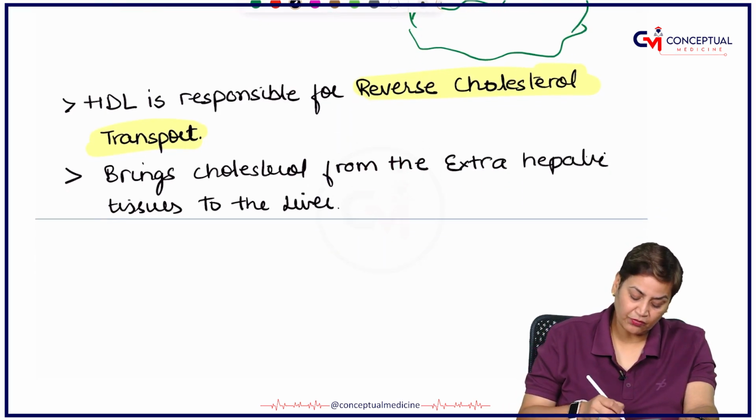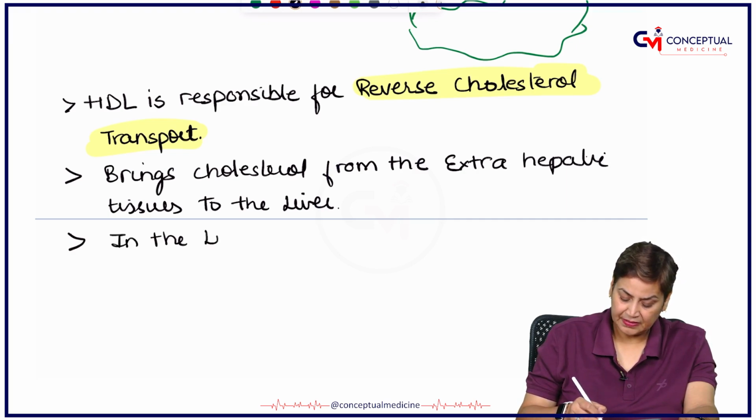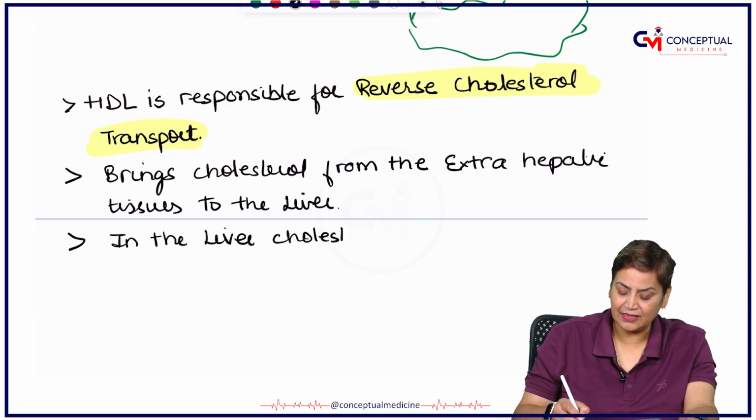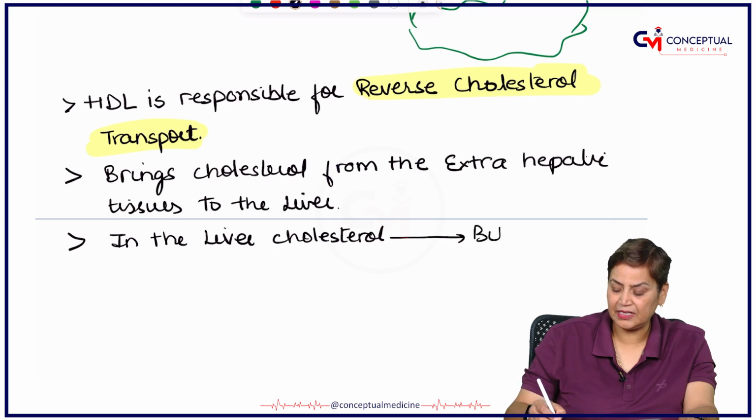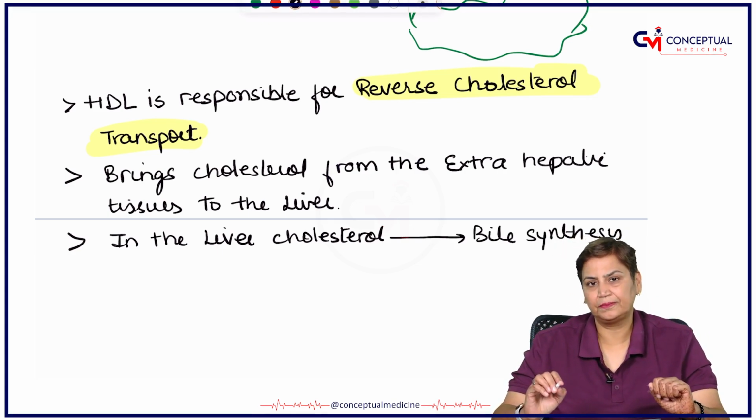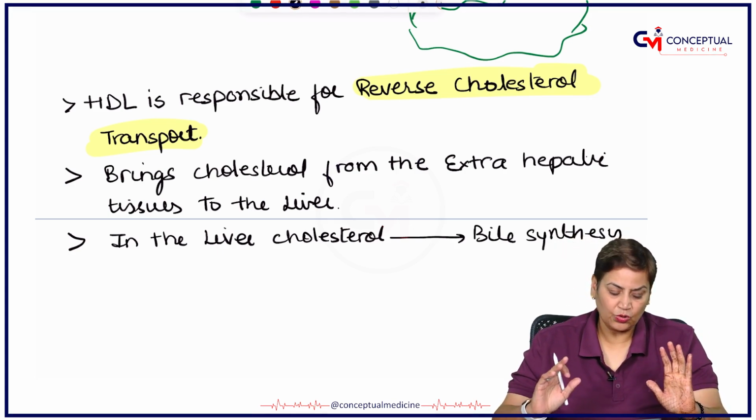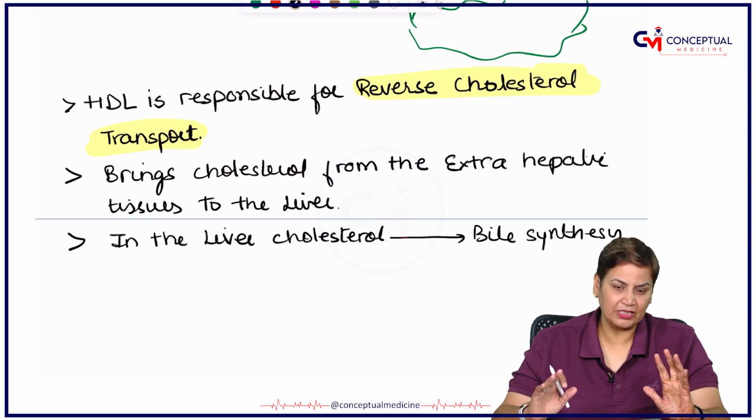And what is the function of cholesterol? Because in the liver, cholesterol can undergo bile synthesis. That is why it is a good cholesterol also. Very, very important. Clear? So this is the metabolism of HDL.